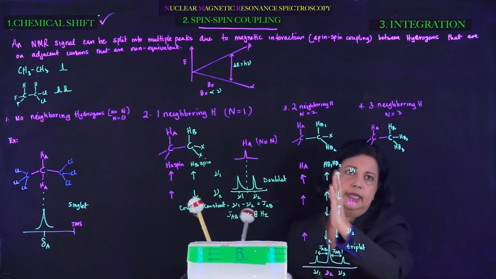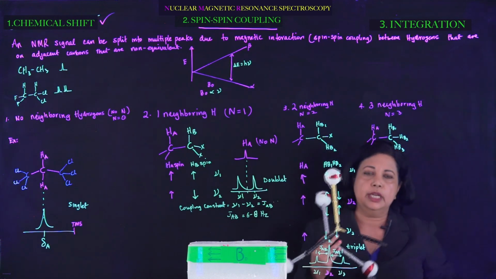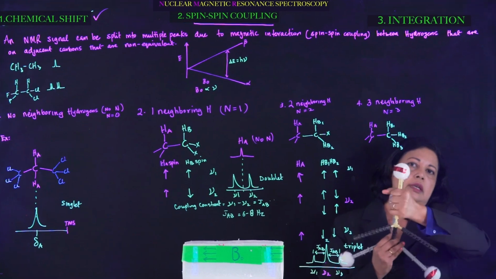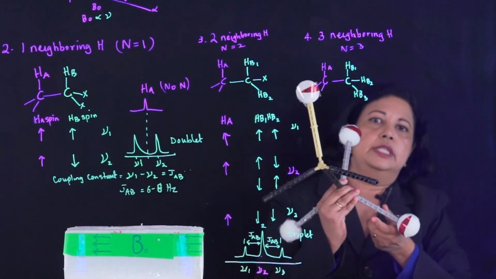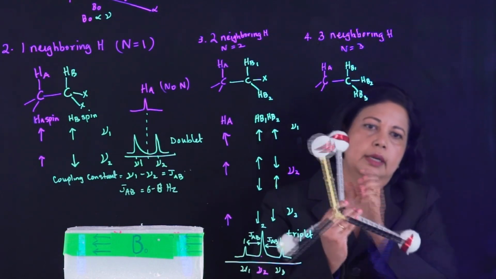Let's do the same thing again. All of these can be aligned in the same direction as this. Let's say this is spinning in this direction. All of these could be spinning in the same direction as the top one.